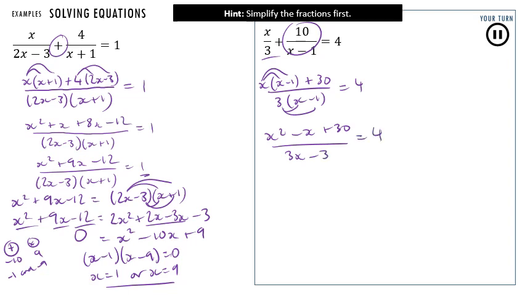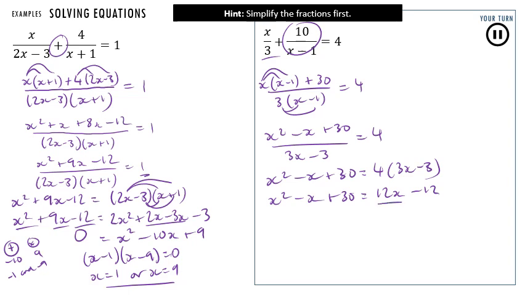And then we want to multiply both sides by the denominator. So on this side, we've got 12x take away 12. If we take away 12x from both sides, add 12 to both sides, we now have our quadratic equal to 0.